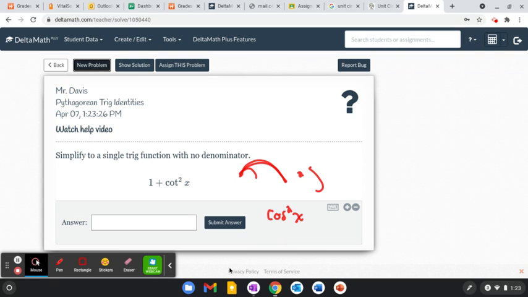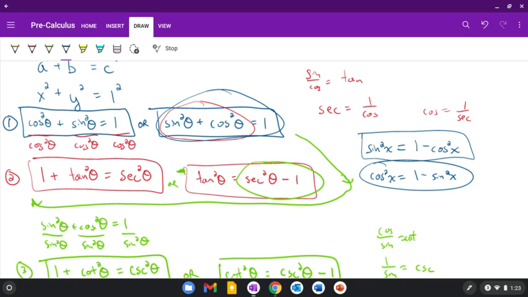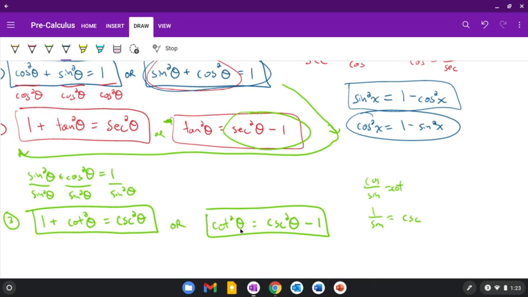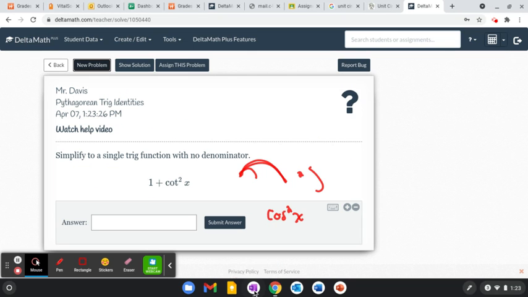All right, let's see one with a cotangent. So let's locate one of our cotangent ones. Cotangent squared, let's go ahead and replace that. We can replace it with cosecant squared minus 1. So 1 plus cosecant squared minus 1.